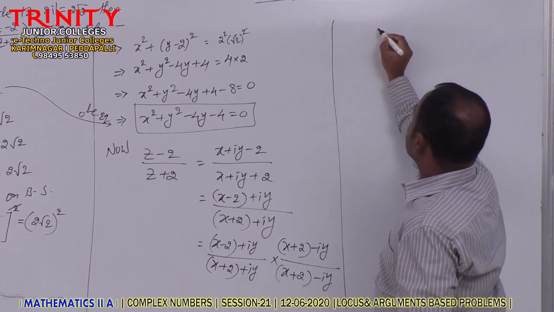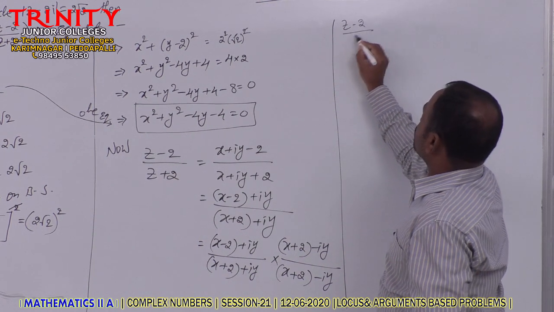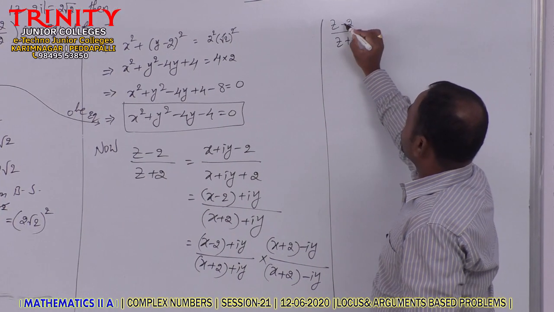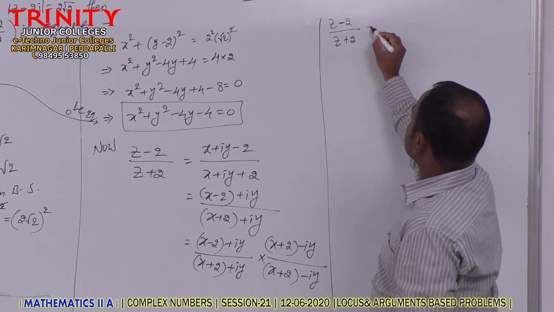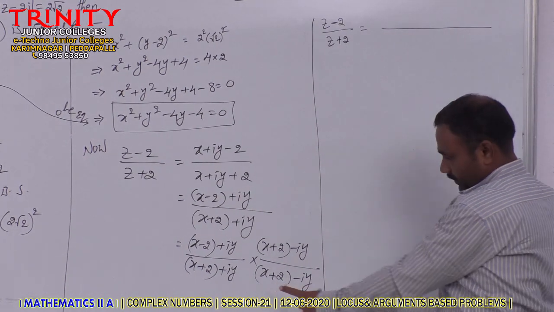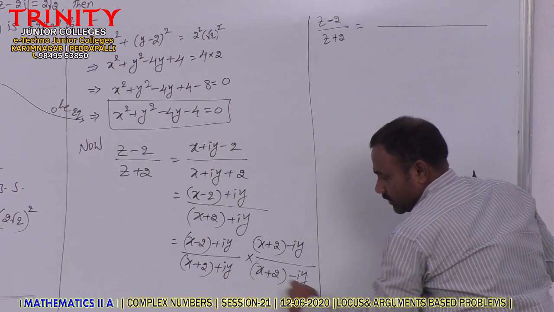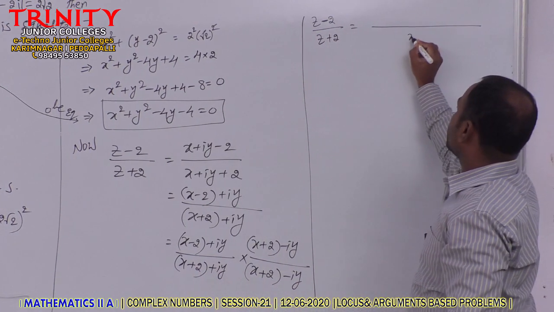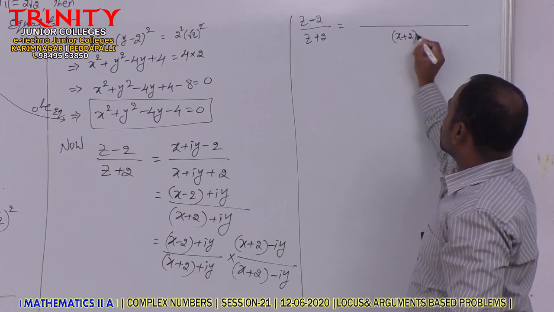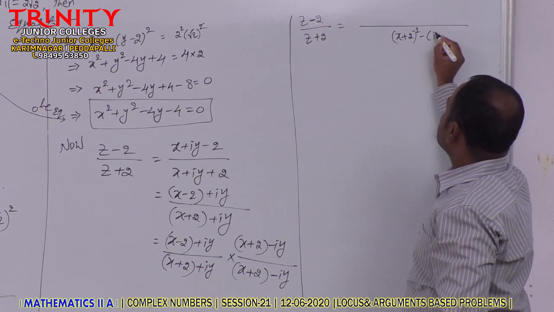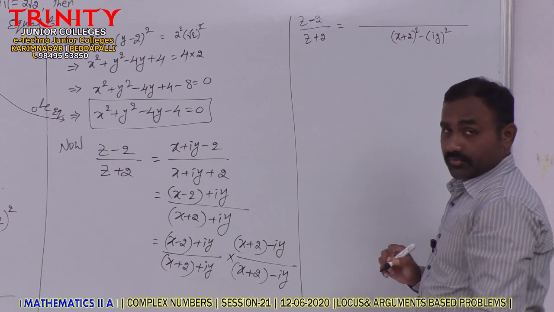Now, multiplication: (z minus 2) by (z plus 2) is equal to, the denominator is (x plus 2) whole square minus (iy) whole square.